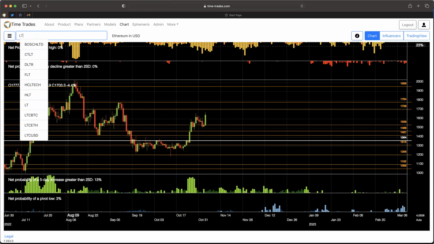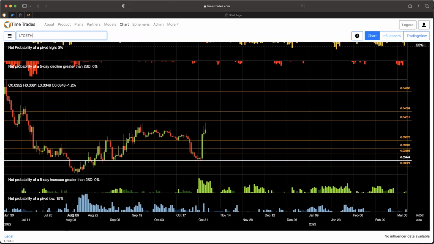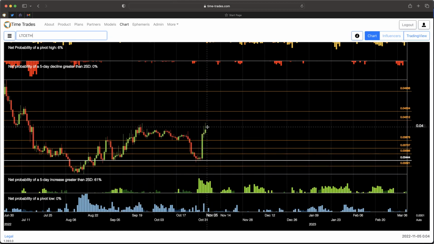Litecoin has a really interesting forecast. Now I'm using the Litecoin Ethereum symbol here, so this is a bit of a ratio, and you can see here how it's tagged the magic level, moved up, came back for a retest. Wow, did that retest ever succeed?